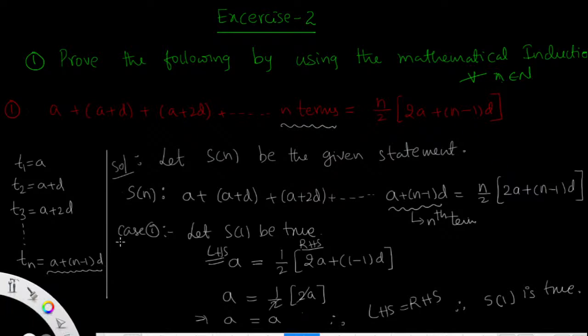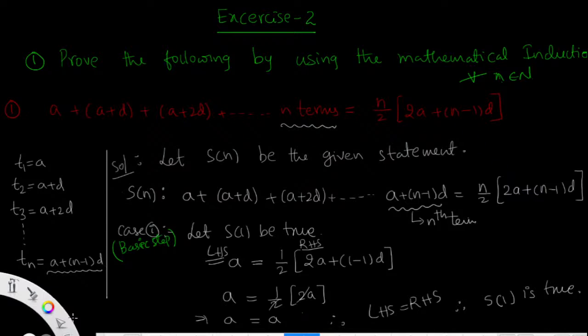In finite mathematical induction, the basic step is to put n equal to 1 in the statement. Whatever statement is given, first put n equal to 1. So let S of 1 be true, and we have to verify it. In place of n, we substitute n equal to 1. LHS means the nth term: a plus (1 minus 1) into d, which becomes a.